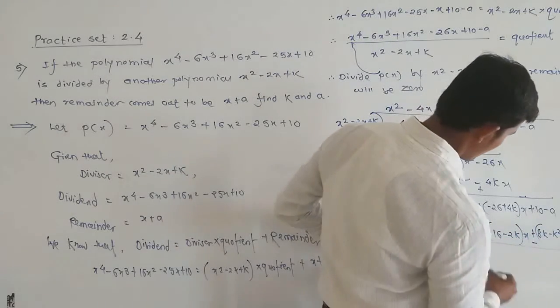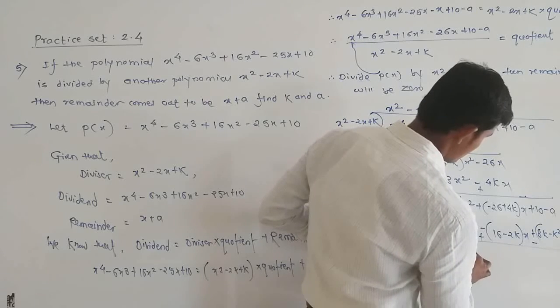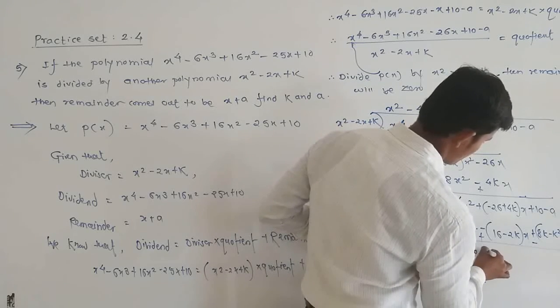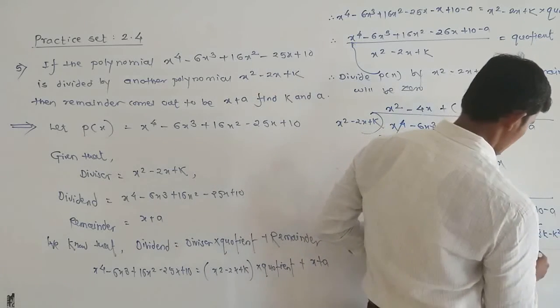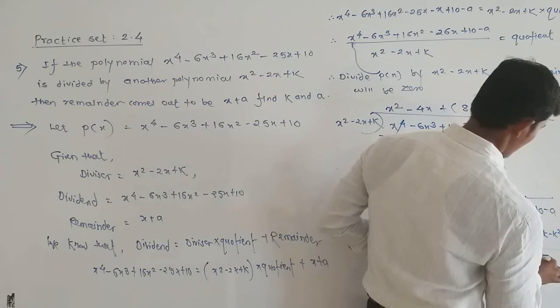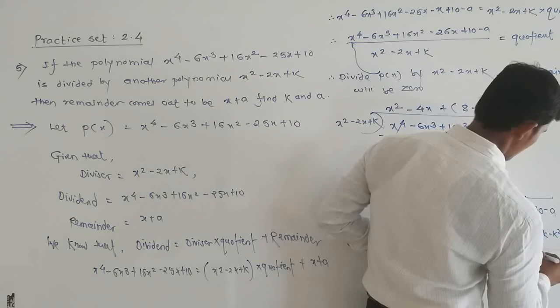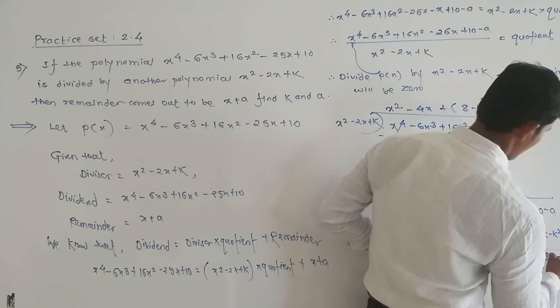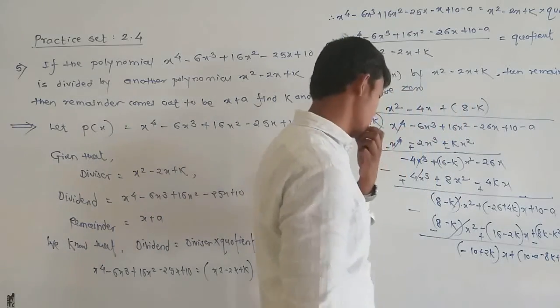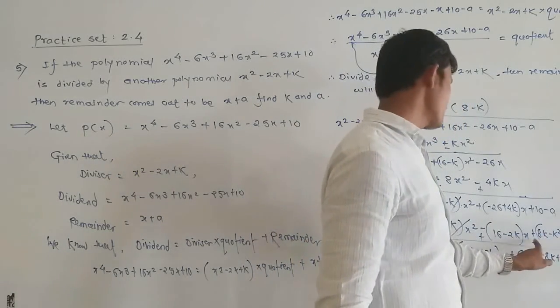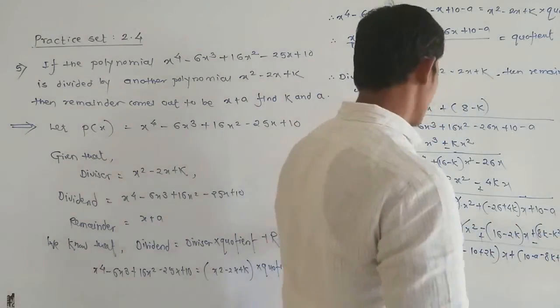So we get finally minus 10 plus 2k, x, plus 10 minus a minus 8k plus k square. Minus, plus, minus, minus, minus get plus. This is the remainder.